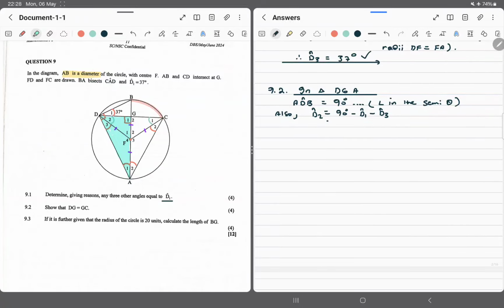Okay, that's just the setup. So this is 90 degrees minus 37 degrees minus 37 degrees. Can you see? It's working out just fine.